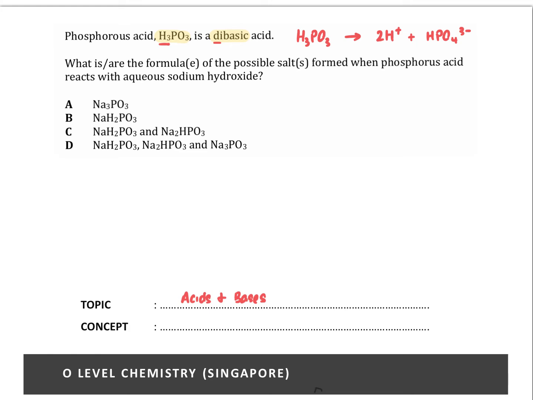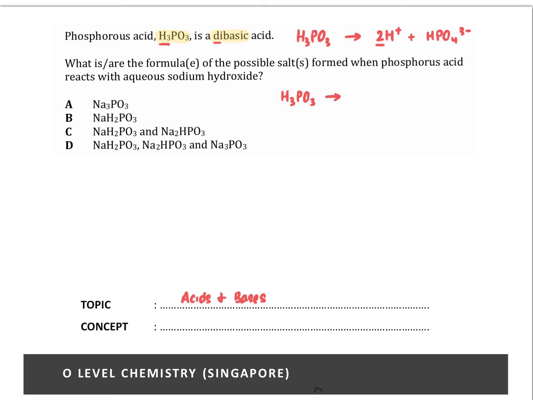The second concept that we need to revise is this, that when you have a dibasic acid, meaning 1 unit of the acid produces 2 units of hydrogen ions, the concept that we need to know is this, that the dibasic acid will dissociate stepwise. What it means by stepwise is that the hydrogen ions, since there are 2 hydrogen ions to be formed, the dissociation will take place one at a time.